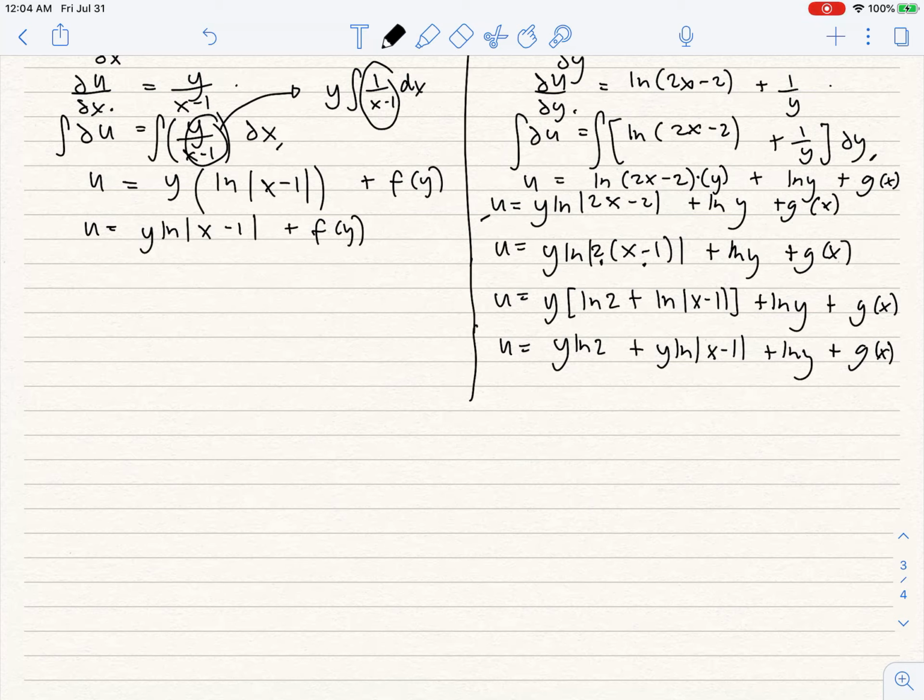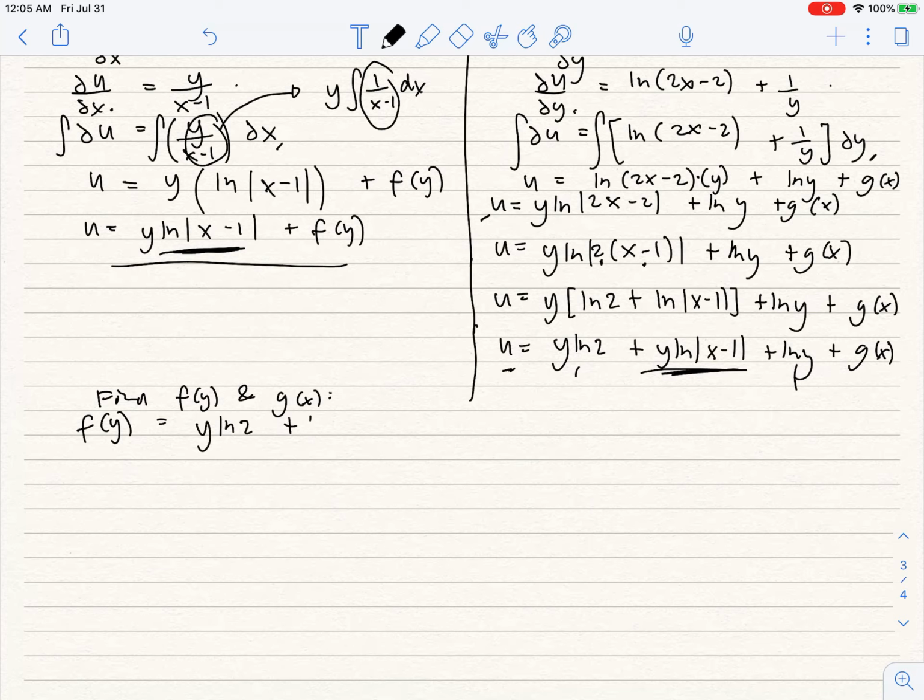Okay? So now we proceed to find f of y and g of x. First, let's begin with f of y. Once again, f of y starts here. This one is the same as the one in the second u, so when we look at it, it is clear they are the same, so they cancel out. What remains is what we put in f of y. So this is just y ln of 2 plus ln of y.